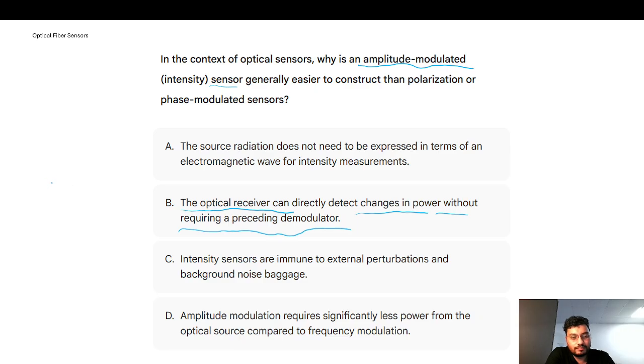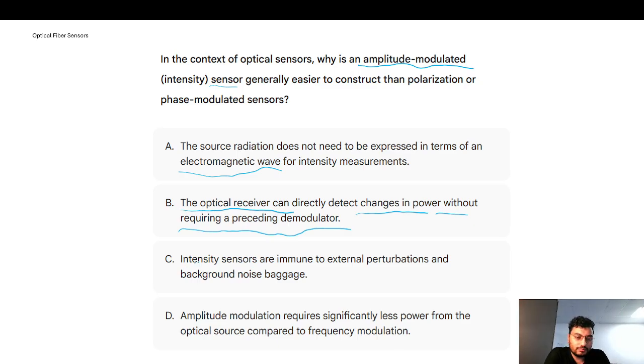So there are four options. First option says that source radiation does not need to be expressed in terms of an electromagnetic wave for intensity measurement. It should be expressed as an electromagnetic wave. Otherwise, how will it have the modulation, the sensing?